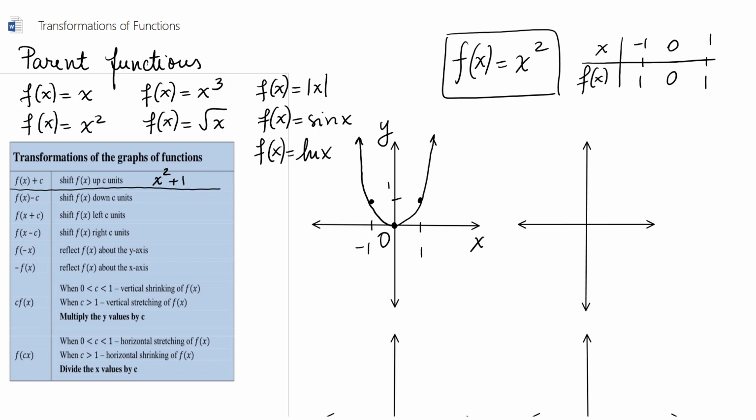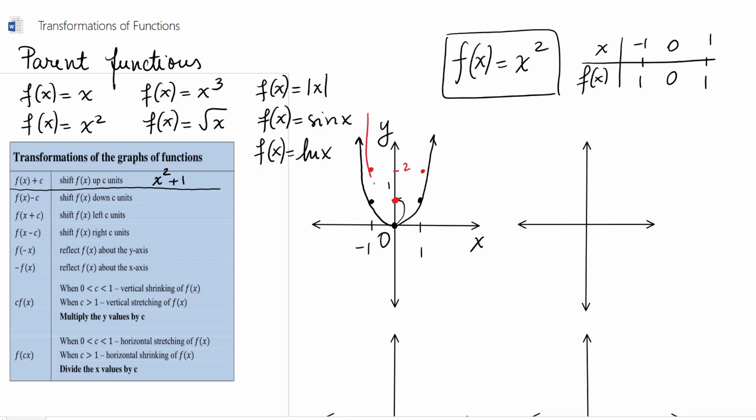So basically, each of these points is going to shift up 1 unit. So this point here is going to become this point, and this is going to go up 1, this point.